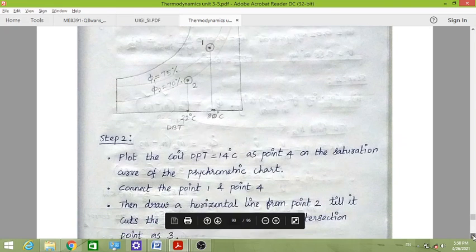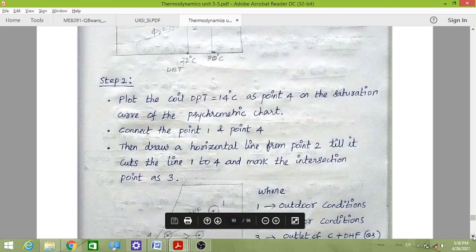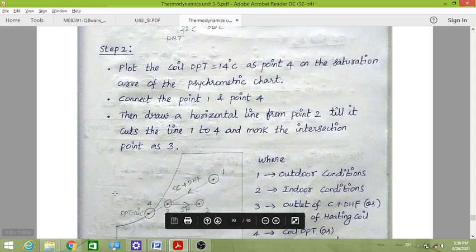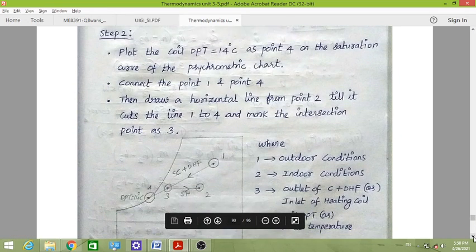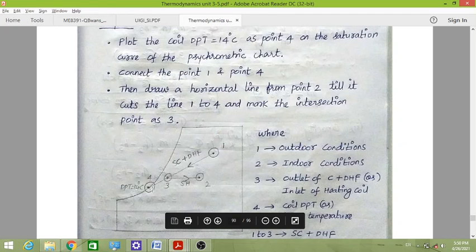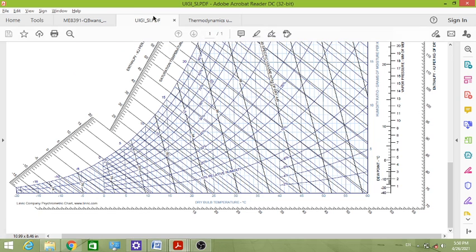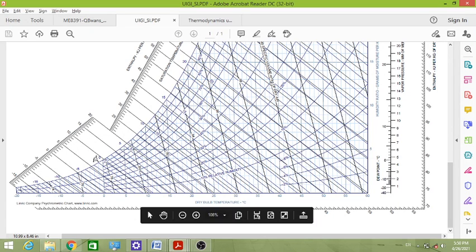See the plotted point. Connect that plotted point with 1. So this is 4, and 14 degrees Celsius is available somewhere here. If you have doubt, you can go to this psychrometric chart. See, I'm marking minus 5, 0, 5, 10, 15.